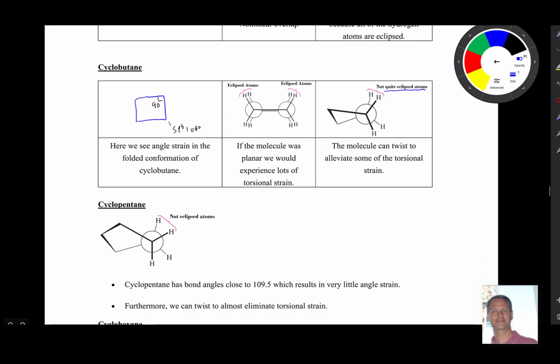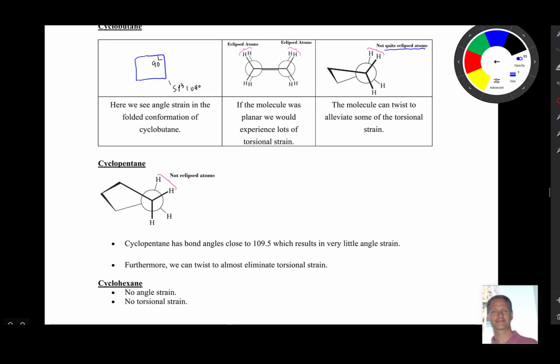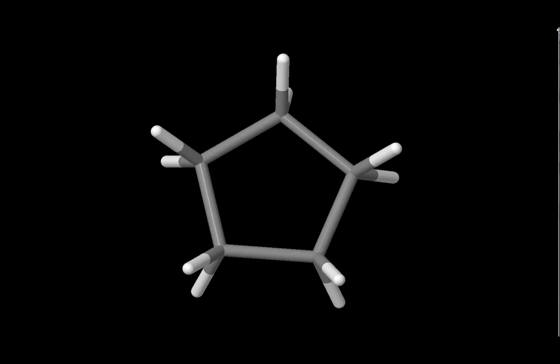Now when we get down to cyclopentane, we have enough twisting capability that we have H's along those carbons that are staggered with each other. You can see this is the planar form of cyclopentane.